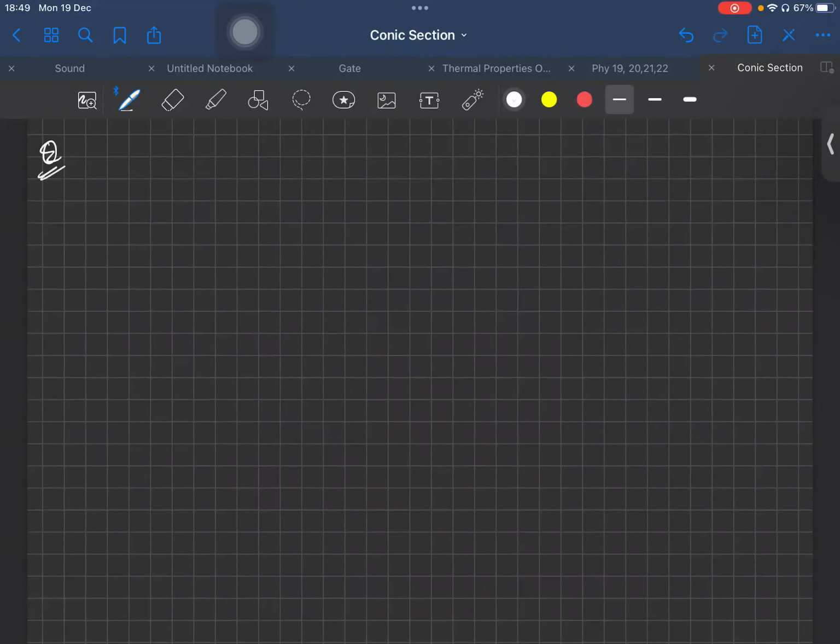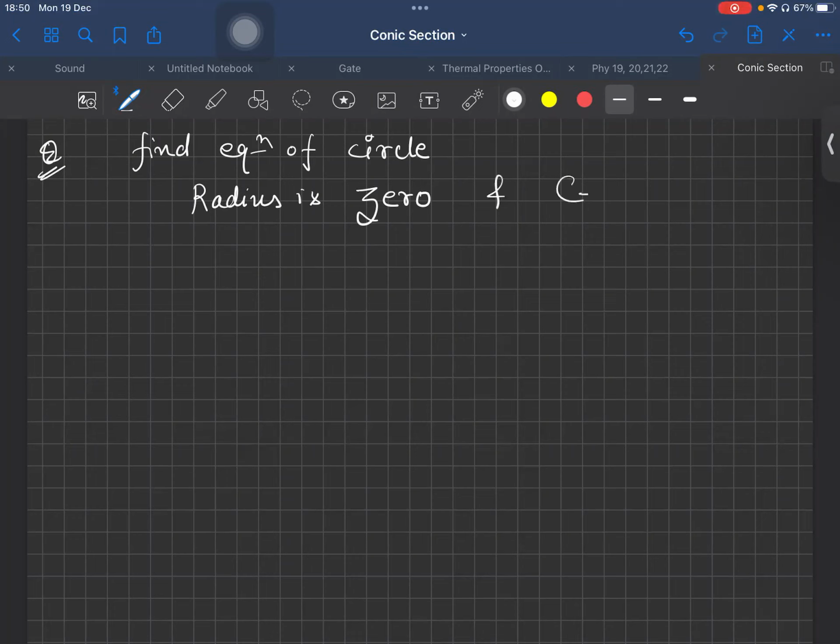Okay, next, solve this problem. Find the equation of a circle whose radius is given as 0 and center is h comma k.